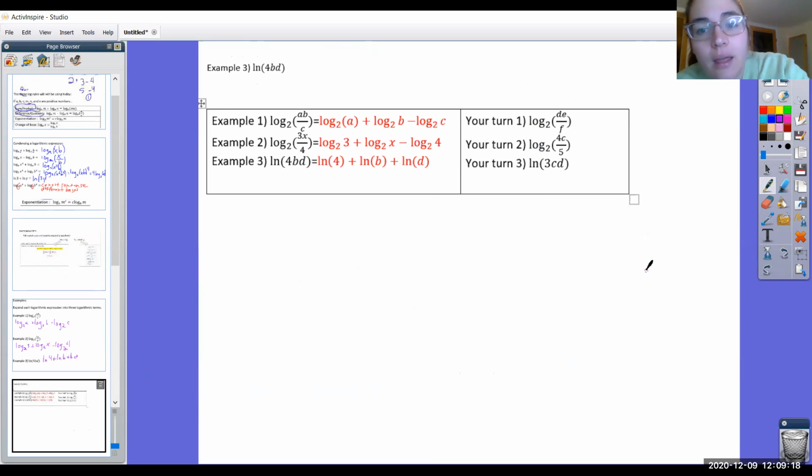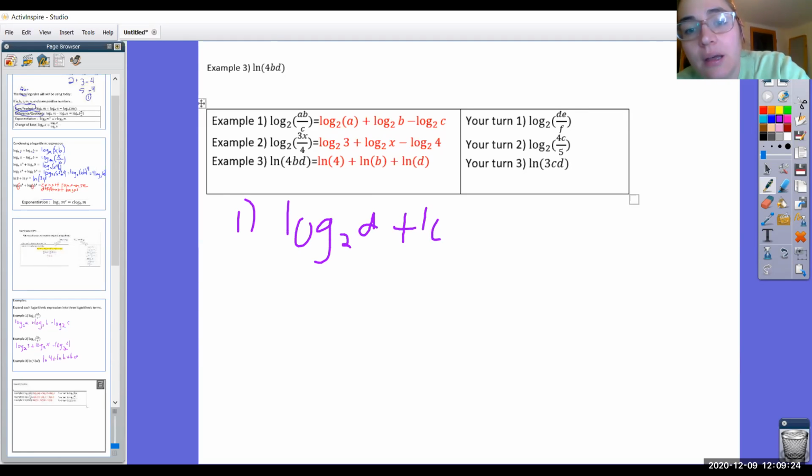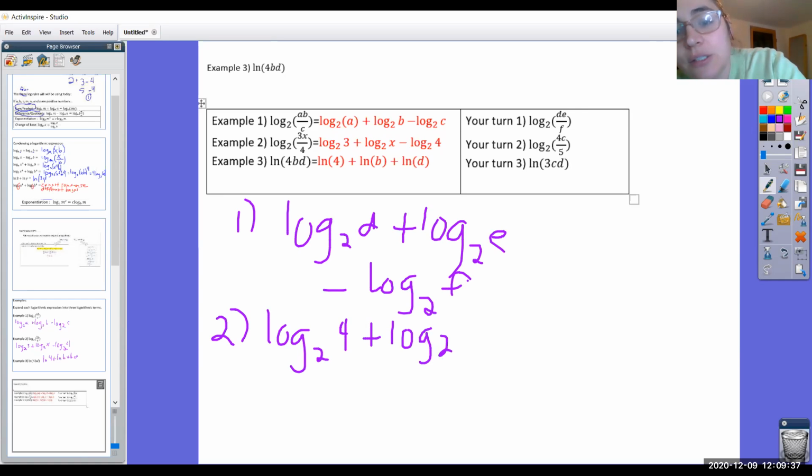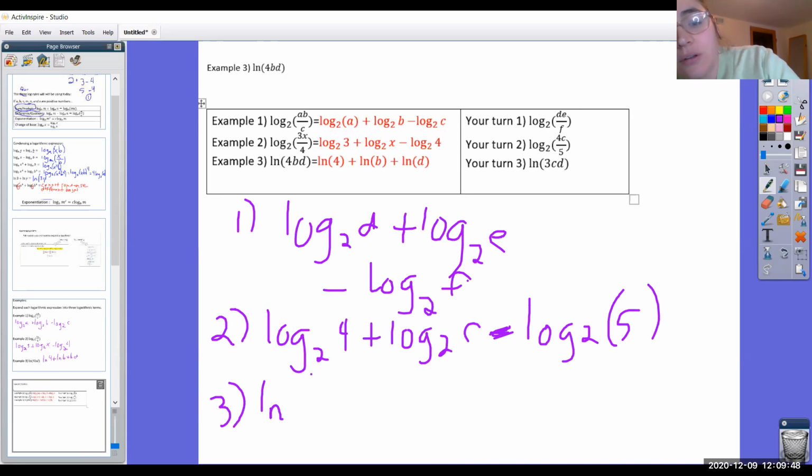So we've got log base 2 of D plus log base 2 of E minus log base 2 of F. Then log base 2 of 4, which again is 2, plus log base 2 of C minus log base 2 of 5, and then 3 natural log of 3 plus natural log of C plus natural log of D.